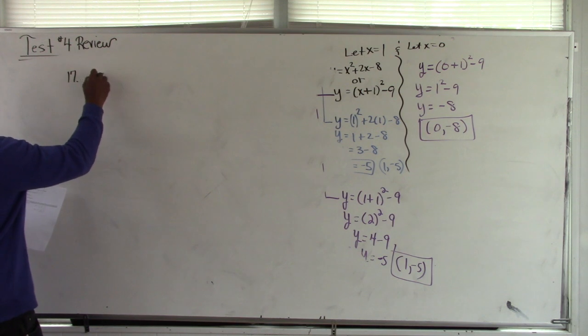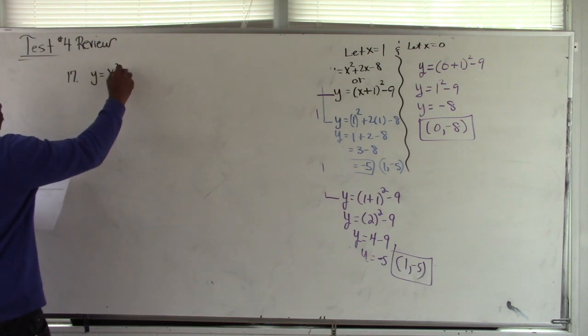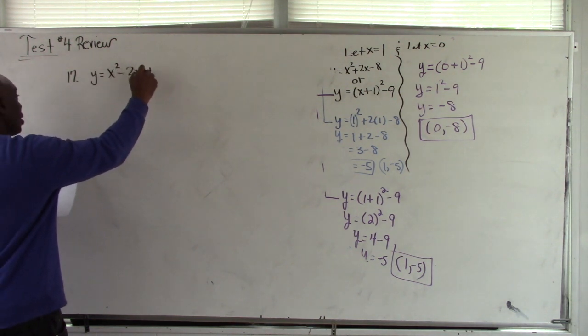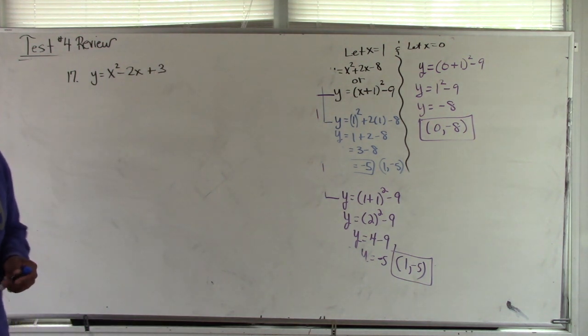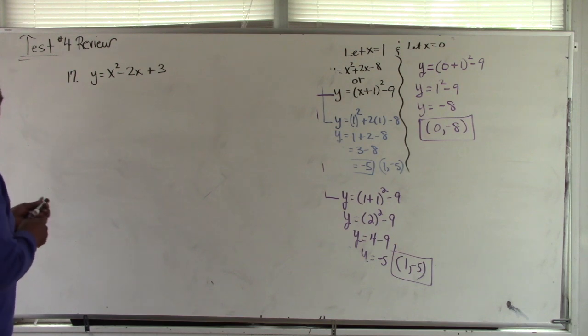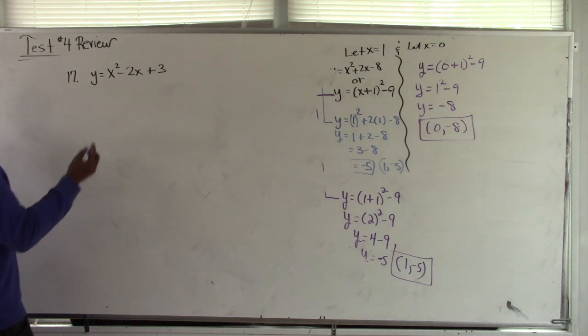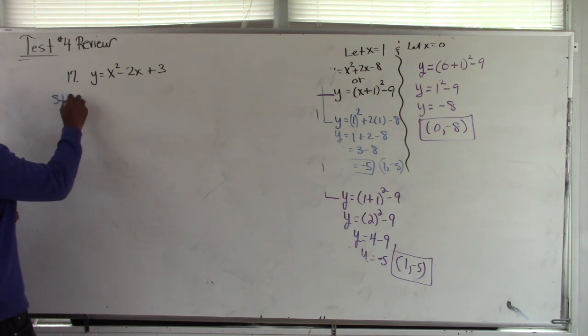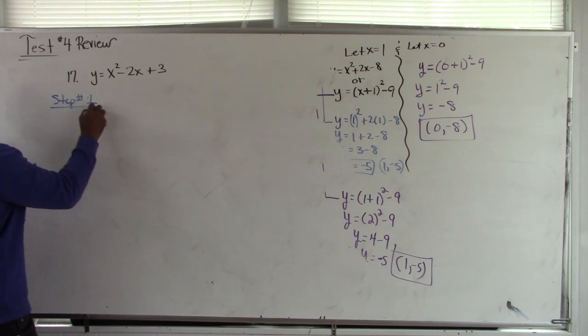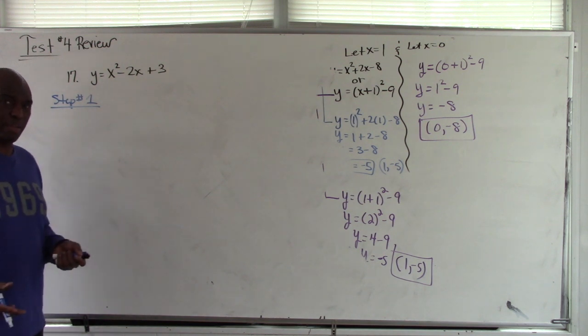We have y equal x squared minus 2x plus 3. All right, write it in vertex form. Okay, vertex form. That's step one. Okay, this time I think I'm going to use another way to write it in vertex form.